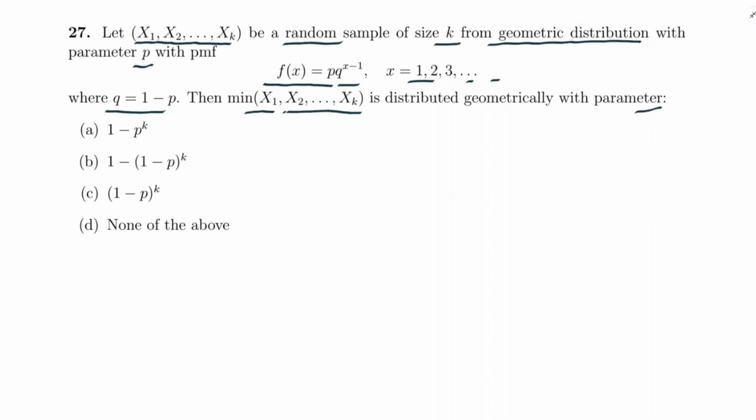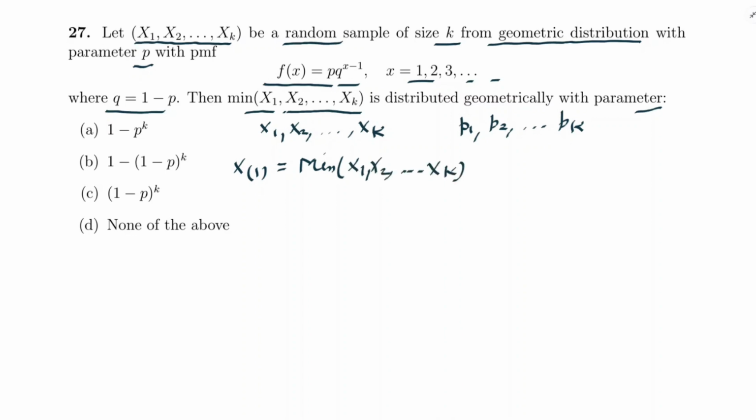In geometric distribution, we study one property: if x1, x2, up to xk follow geometric distribution with parameters p1, p2, up to pk, then the first order statistic, that is the minimum of x1, x2, up to xk, is also distributed as geometric with parameter 1 minus the product of qi, where i is going from 1 to k.